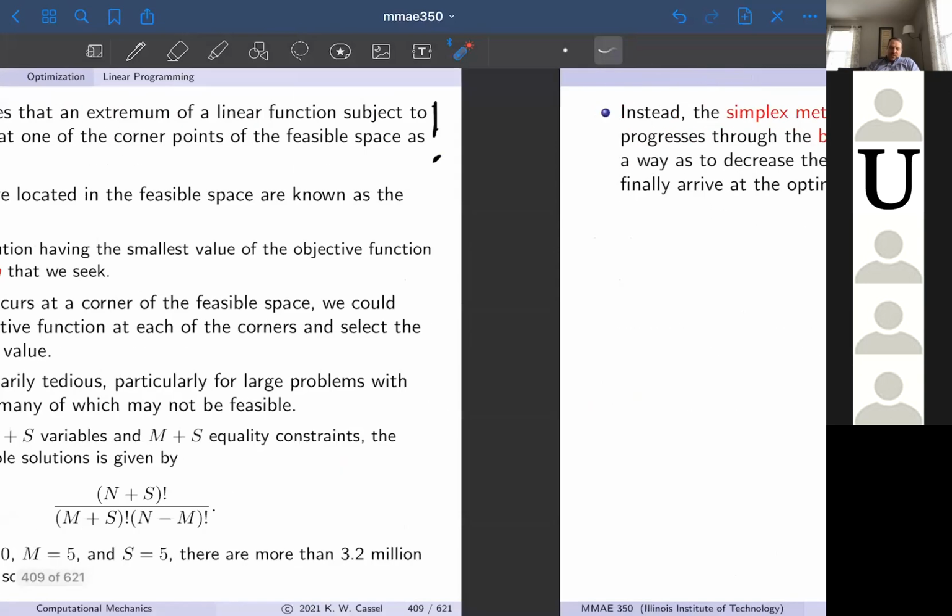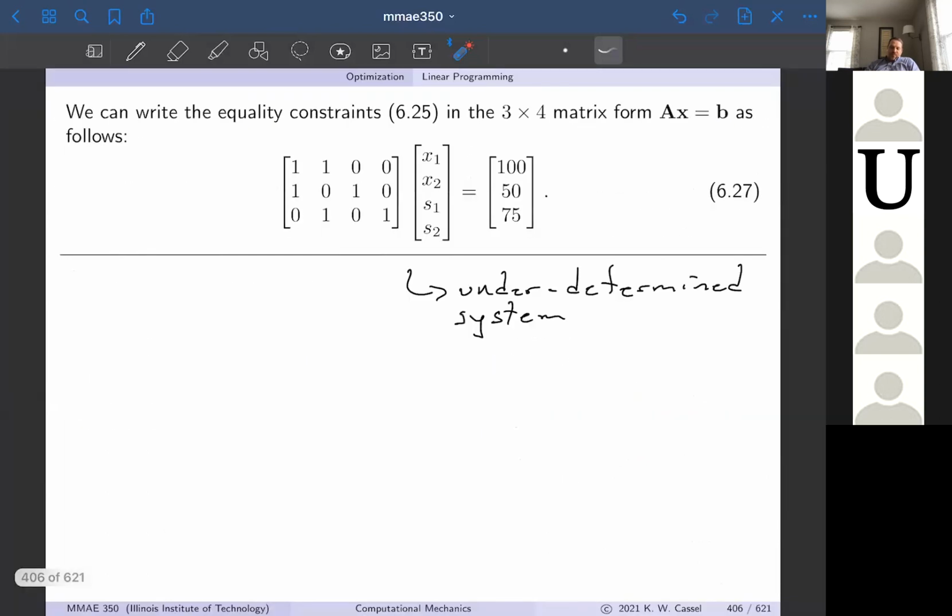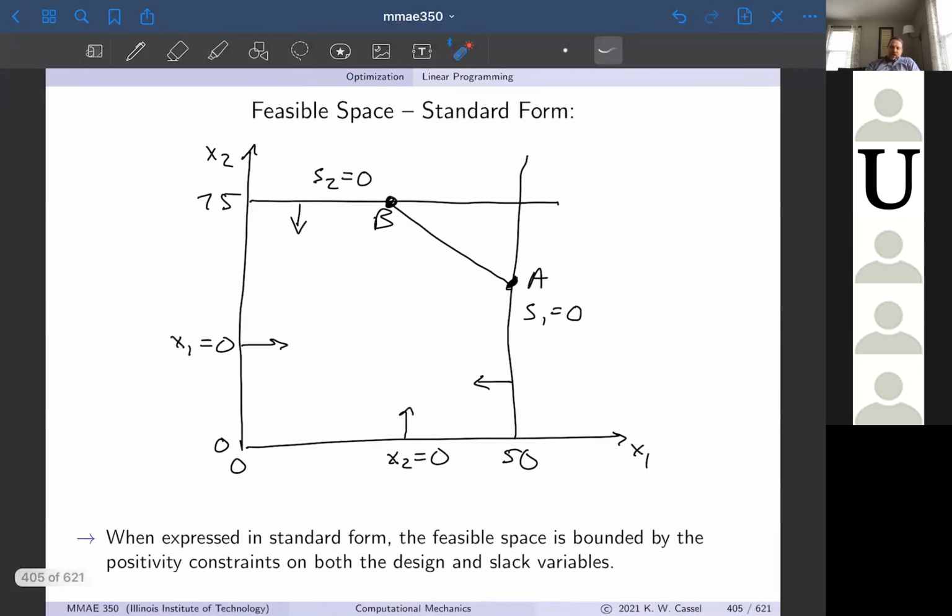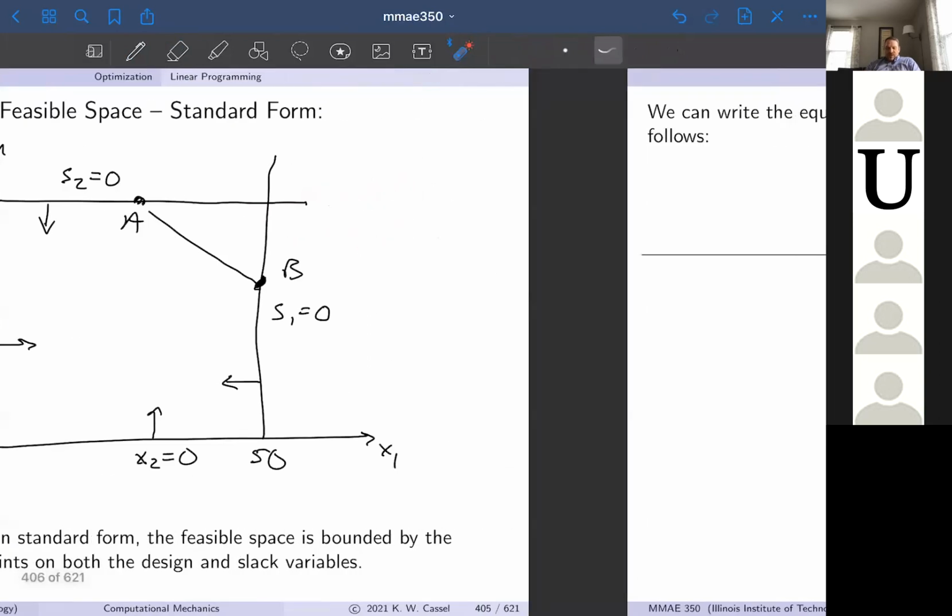If you go back here, so A, oh, I got them backwards. Oops. So this one is A, my bad. This one is B. So A corresponds to S2 is 0, B corresponds to S1 is 0.